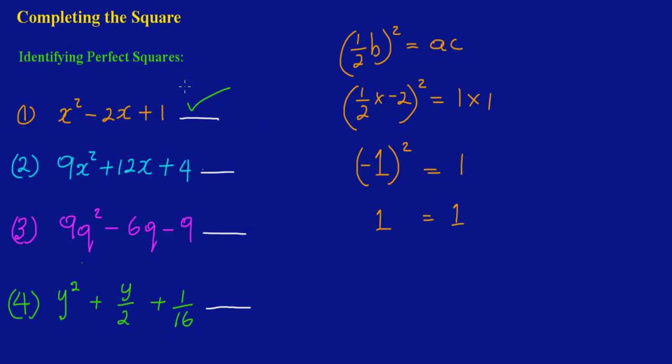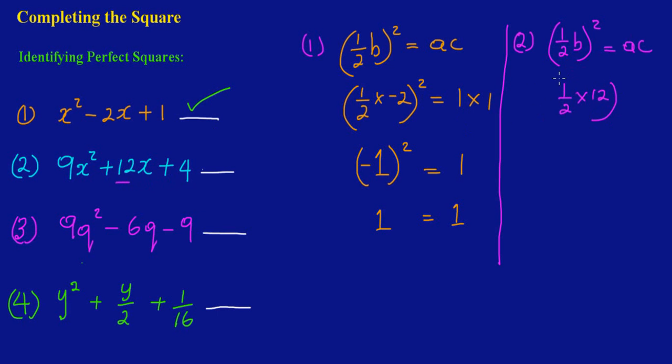Number 2, basically it is the same thing we're going to be doing. So in number 2 I'm going to take again half of b, and I'm going to square that, and that must be equal to a times c. Now half of b in this case is 12, so I'm going to take half of 12, square all of that, and that must be equal to 9 times 4.